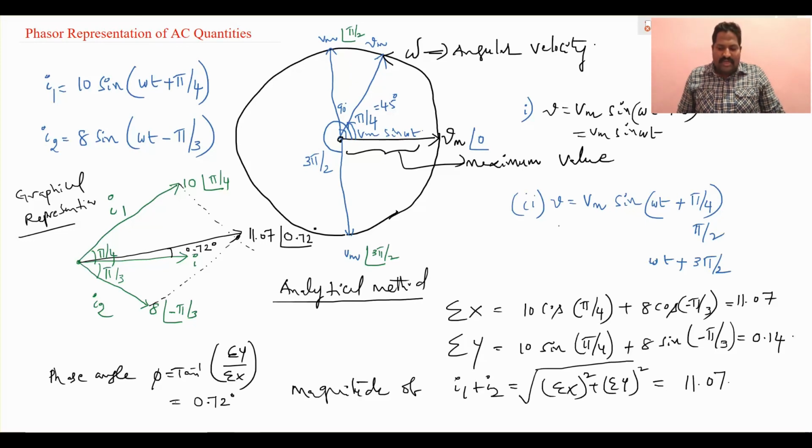So this is the phasor representation of AC quantities. To become familiar with this type of problem, take more examples from textbooks or whatever sources you have, and practice well so that you can master these problems. I hope you got this concept.